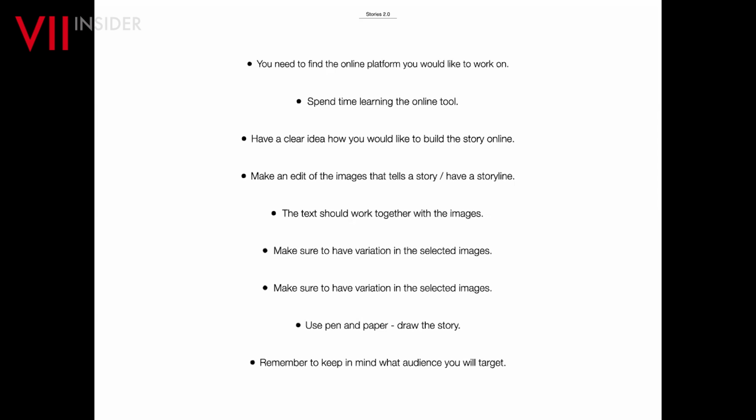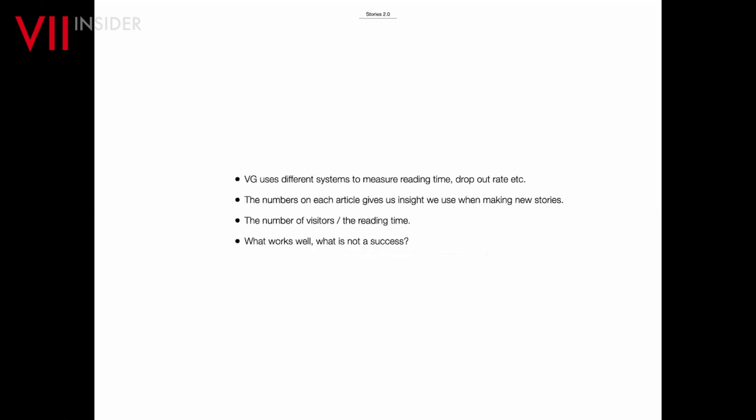Is it a nice flow in the story? And there you can also check if you have a good variation, if you miss any pictures. So there are a lot of good things about using, let's say, WordPress or Squarespace to test your stories, to see if they work. And it's also a good way of learning how to photograph for an online feature.